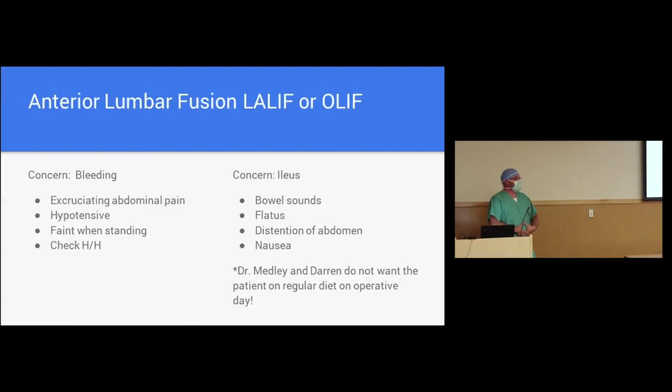Those are signs that they could be losing blood in the abdomen, because he usually doesn't leave a drain in, so you're not going to know if there's a lot of blood coming out either. So if there was something that did start to bleed, that's something you'd be able to catch on and say, look, this person's really hypotensive. They're still getting fluids, but they feel faint every time they sit up.